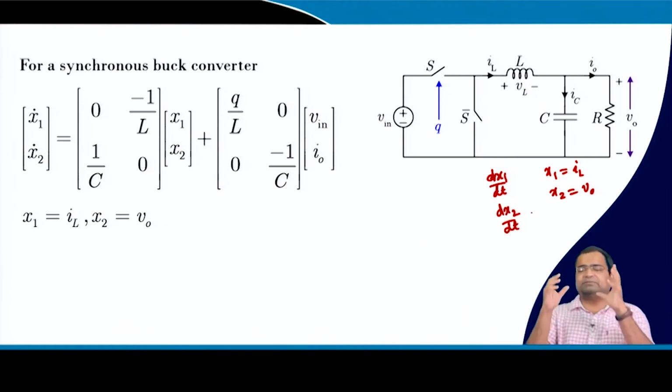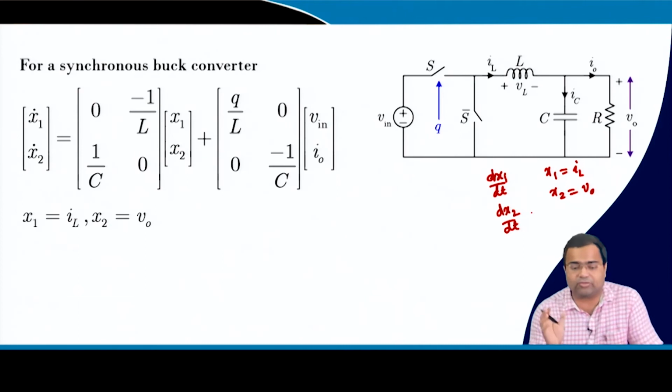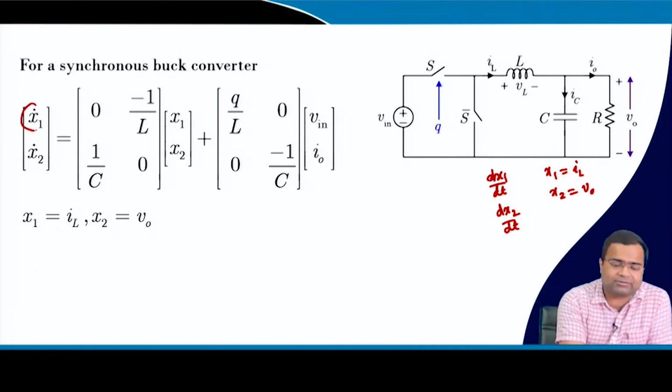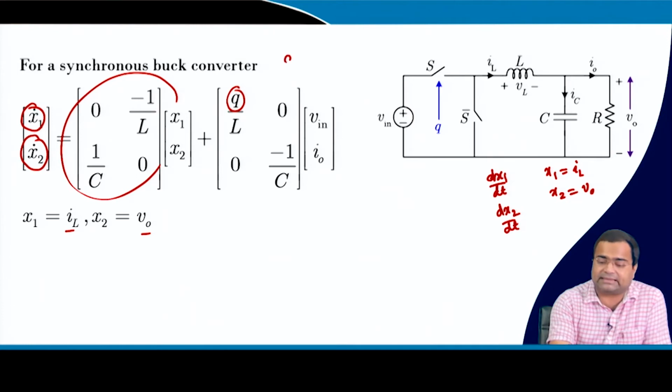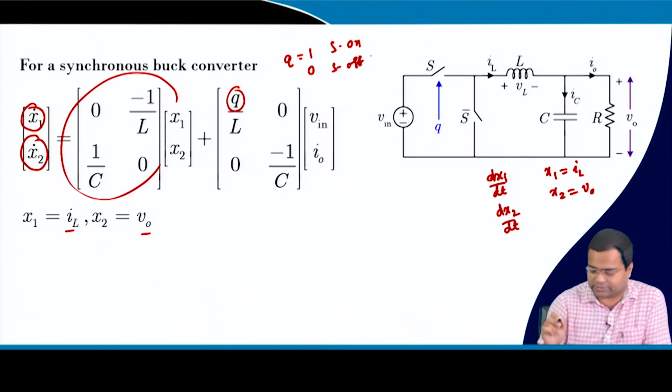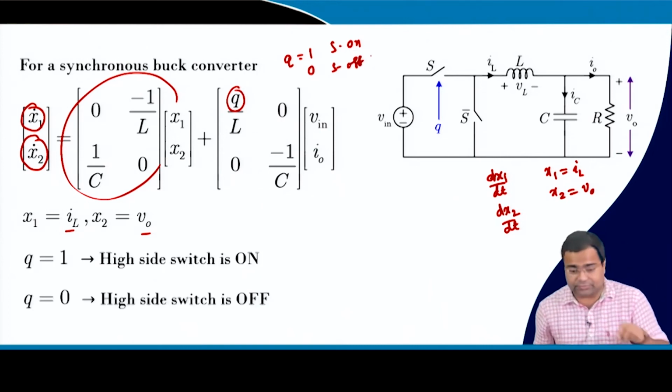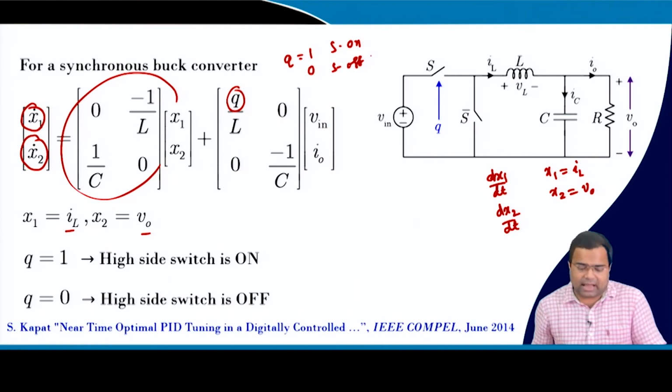Since we have derived this state space model multiple times, I am not going to derive it, but if you write dx1/dt and dx2/dt in state space form, the states are inductor current and output voltage, and q is the gate signal. So, q equal to 1 for S on and 0 when S off, that we have discussed. High side and low side, and the derivation is also given in this paper, you can get the details.